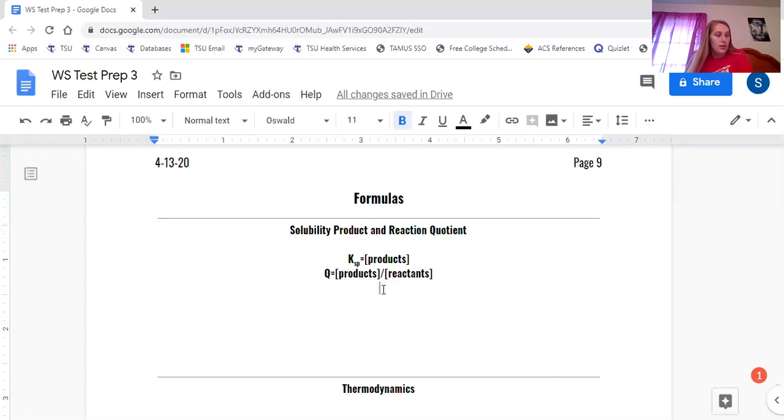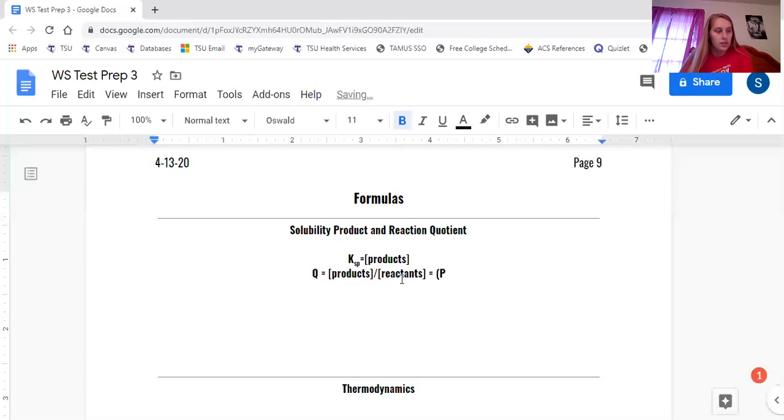Okay. Then, so we have Q if it's concentration. We're also going to look at Q if it is with the pressure of gases. And so that is going to be, it's still products over reactants, but you have to write it a little bit differently because we don't have a fancy symbol that universally means the pressure like it does for concentration.